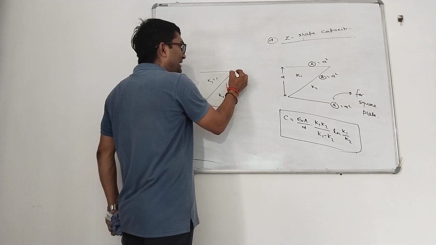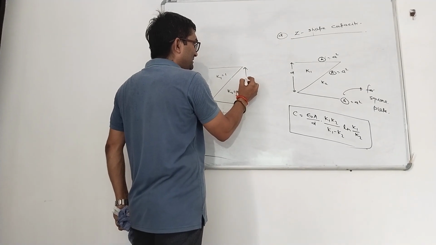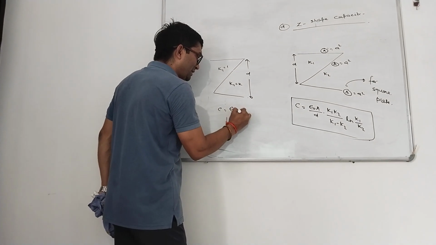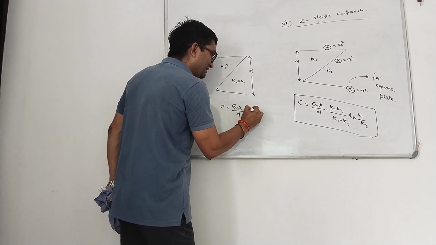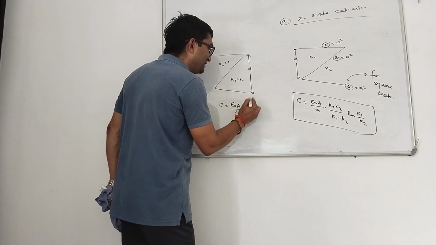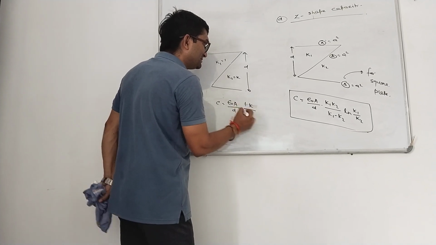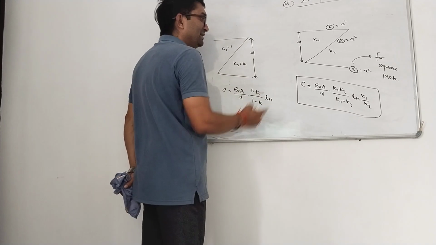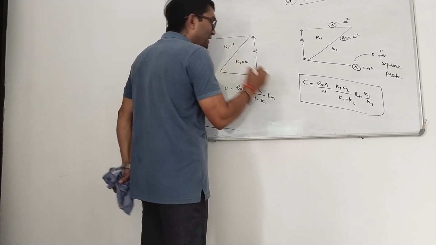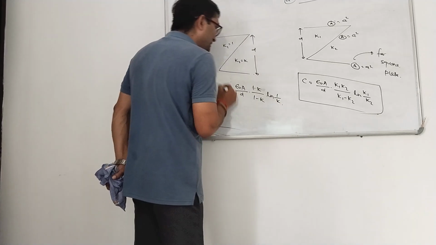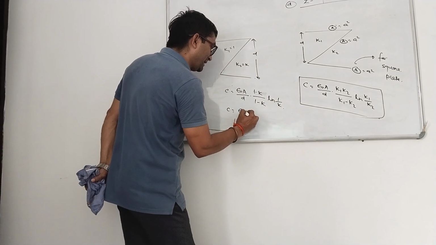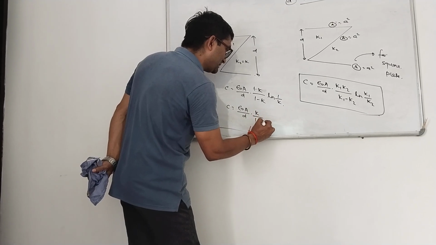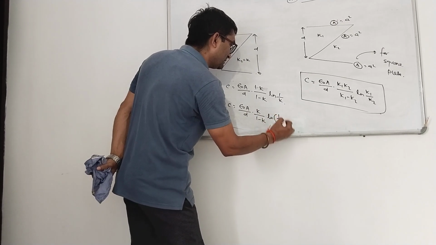In that case their capacity becomes C is equal to epsilon naught A upon D, K1 K2 means 1 into K upon 1 minus K, ln K1 upon K2, I mean 1 upon K. So it becomes epsilon naught A upon D, K upon 1 minus K, ln 1 upon K.